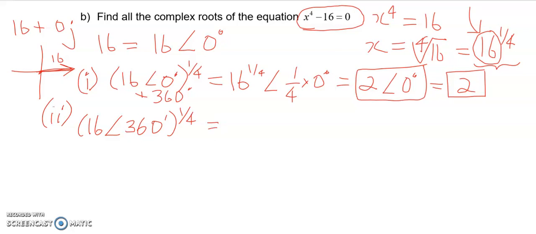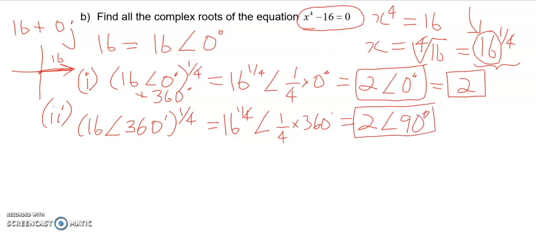So again, that becomes 16 to the 1 over 4, and you multiply 1 over 4 times your 360. So what that will give you is 2 angle, and 1 over 4 times 360 is 90 degrees. So there is the second root in polar form.